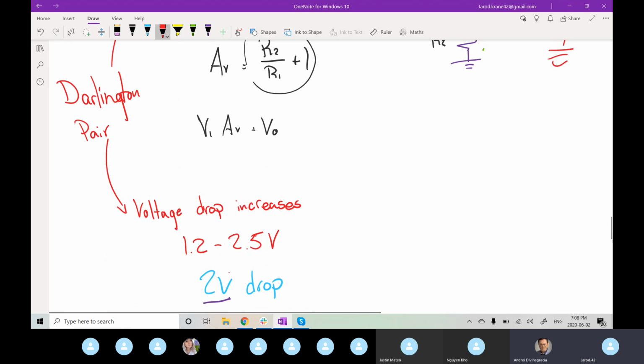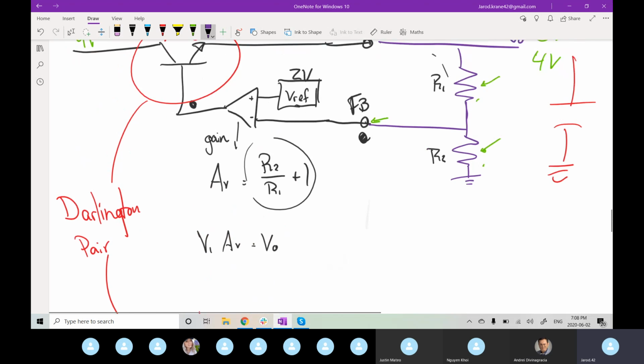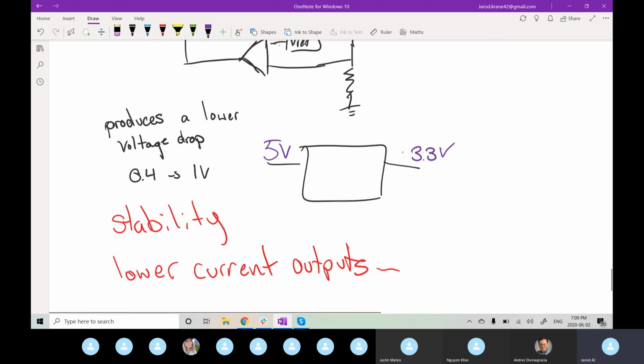Either can do both, because in this normal linear we can give it your 12-volt supply and bring it all the way down to 3.3 volts. There's no problem with that. And the same thing can be done with an LDO. You're able to give it 12 volts and still get that 3.3. They're both able to accomplish big step downs like this.